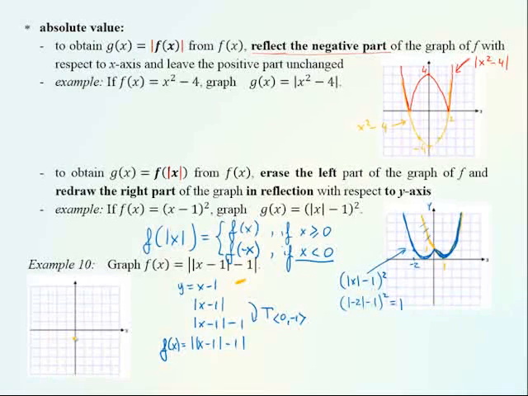That's just a line starting with -1, and it's a diagonal like this. When we apply absolute value to it, we reflect the negative portion of the graph up. So the red one is the graph of this formula.